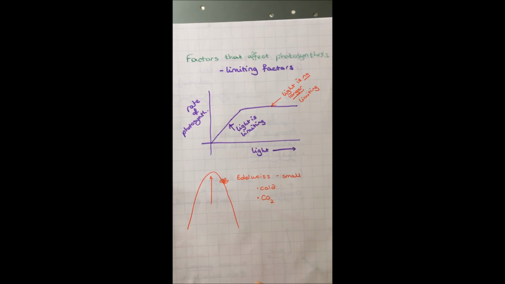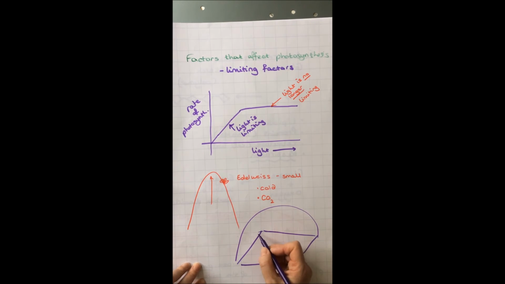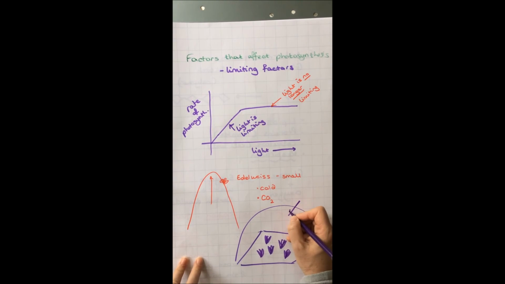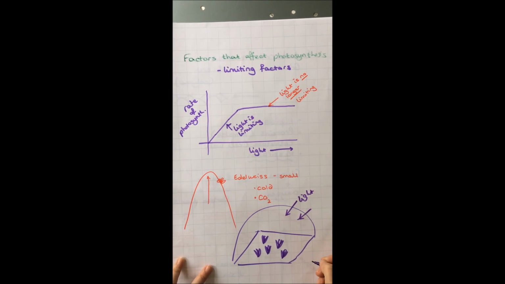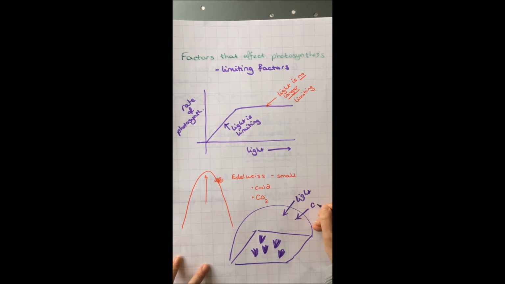And so what farmers or gardeners will do, if they're trying to maximise crop production, is have their greenhouse, and there'll be plenty of water, so they have their plants growing. They'll give them plenty of water, so that doesn't limit their growth or the rate of photosynthesis. They'll also provide maximum light, so that isn't limiting photosynthesis.